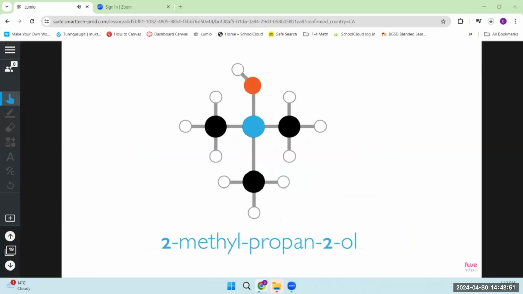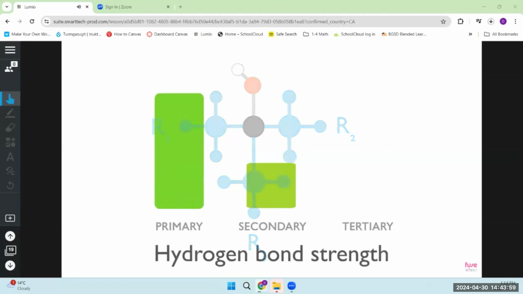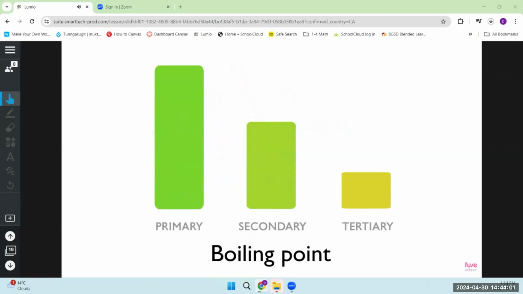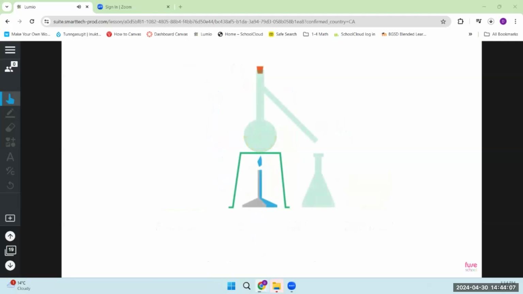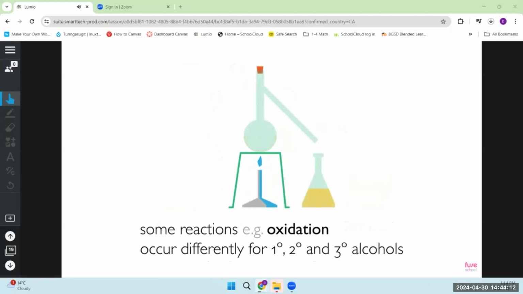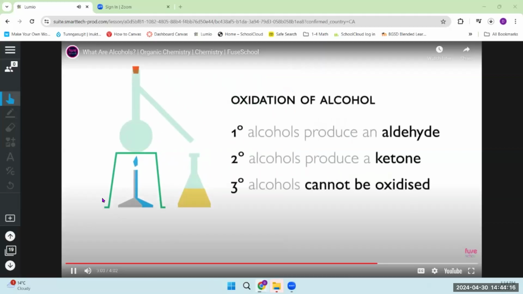As you can see, the carbon attached to the OH group is attached to 3 alkyl groups, making it a tertiary alcohol. It is important to categorize an alcohol as they have slightly different chemical properties. A good example of this that you could look into as further reading would be the oxidation of alcohols, with different reactions occurring for primary, secondary, and tertiary alcohols.